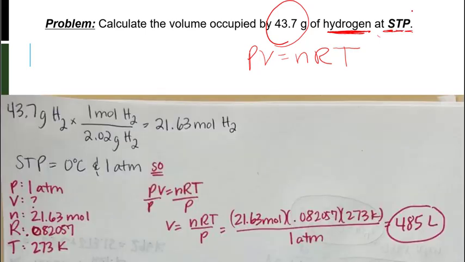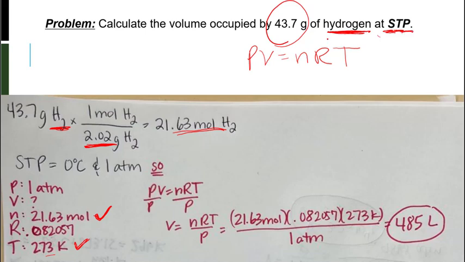So knowing all of that, I know that hydrogen is 2 H's, so 1.01 times 2, molar mass of hydrogen is 2.02. So I found the moles of hydrogen, which is my n value. I know that standard temperature is 0 degrees Celsius, or 273.15 Kelvin, but we went to the whole number here.